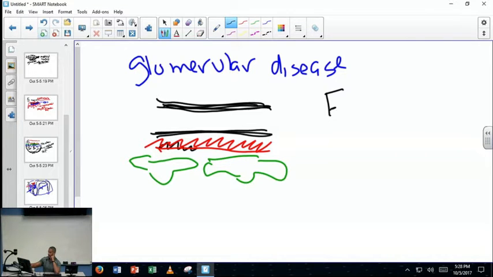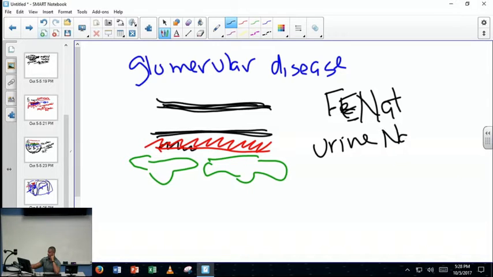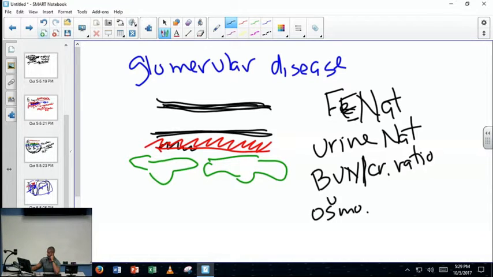I'm just going to draw next to it so I can start to explain why these different labs show what they do. The first filtration mechanism is the actual glomerular membrane, the renal corpuscle. That's the first thing filtering everything. If nothing comes out of this, nothing goes into the tubules, right? So the very first problem, if you have an issue, would be with the glomerulus.